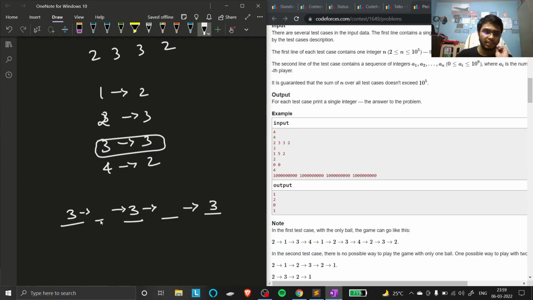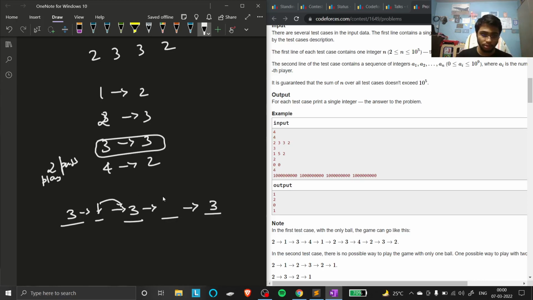And after that, at what condition can we say that the third could successfully pass everything with a single ball, because this is the maximum. So he requires at least two passes for this, because here he is passing to him, so that guy will also pass to him again, it is required.